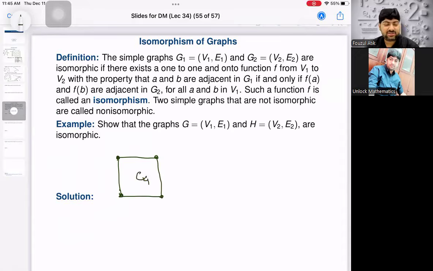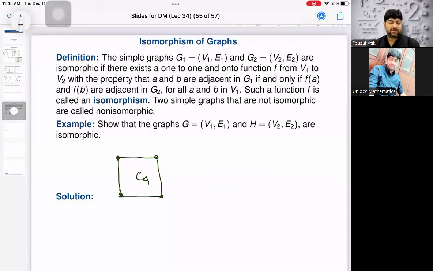Sometimes students who don't know the terminology of graph theory say it is a square graph. But it is not a square graph. In graph theory, there is no such square term. It is a cycle graph C4, although it does not look like a round shape.